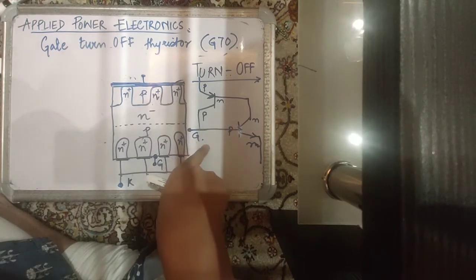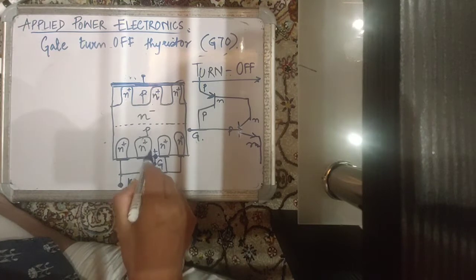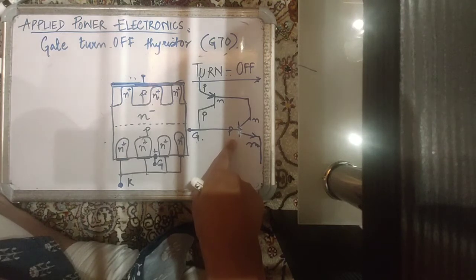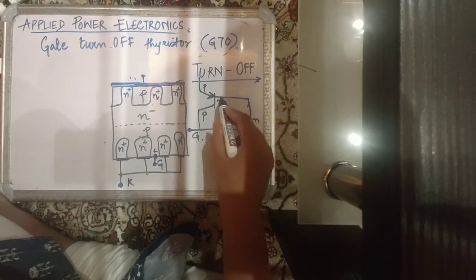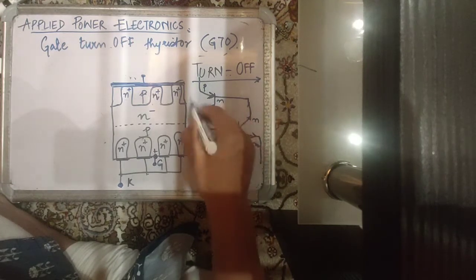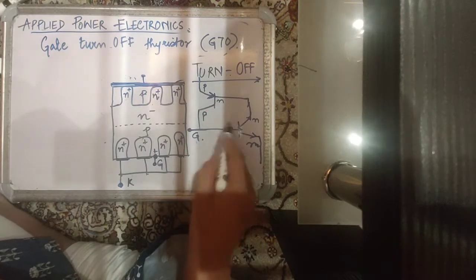When you inject a gate current into the P region, that is here, when you make this positive, it ensures that one of those transistors gets a sufficient base drive, and it goes into conduction. Its collector current flows, and due to the flow of this collector current, the first transistor goes into saturation, and its collector current flows. That in turn increases the base drive.